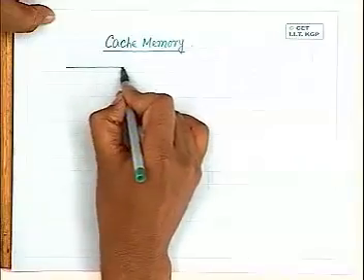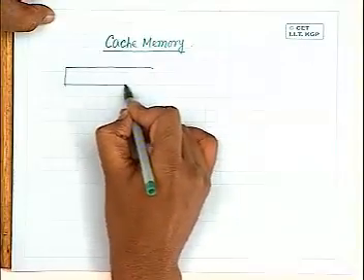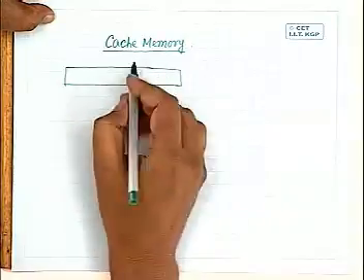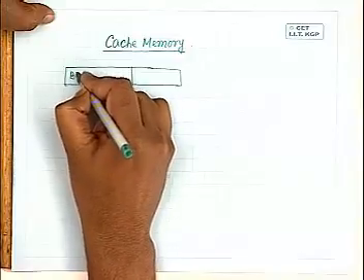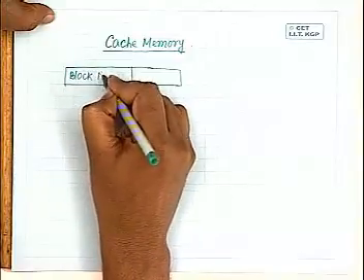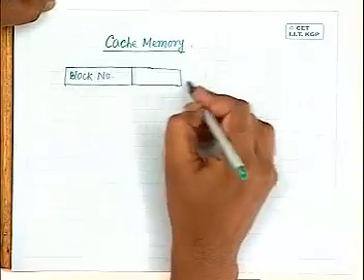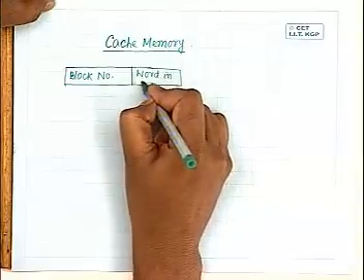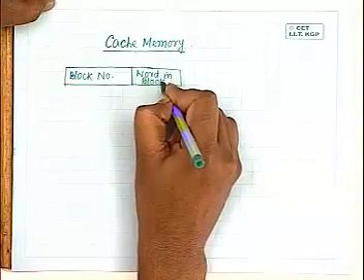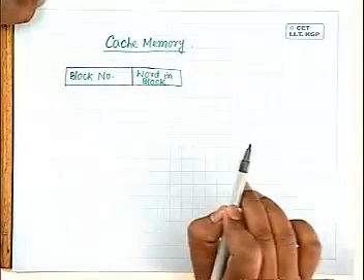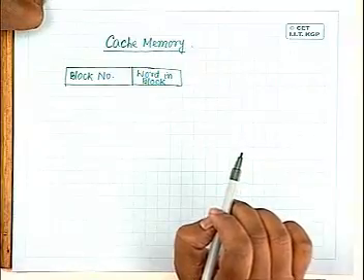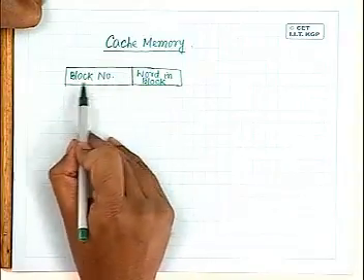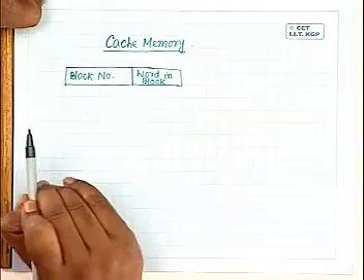One component is the block number, and the other component is the word within the block. So it is similar to page number and offset within the page.